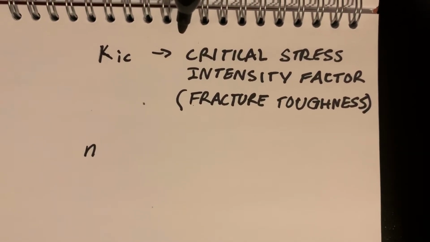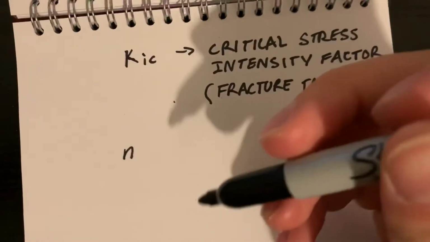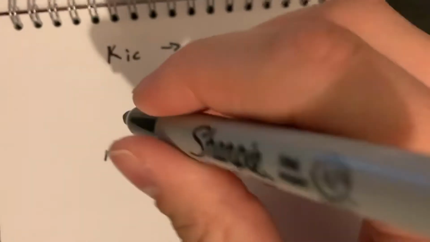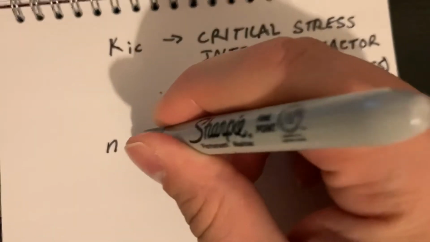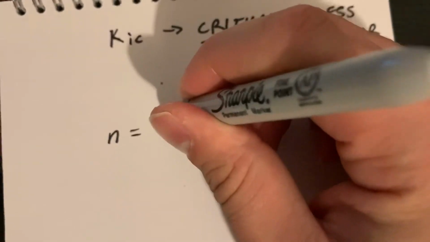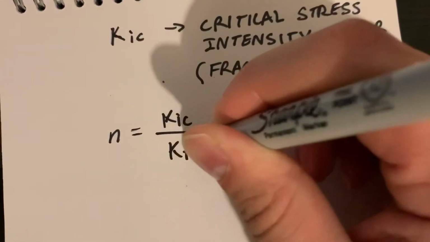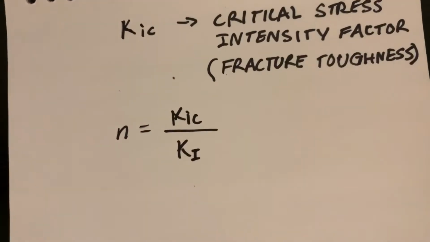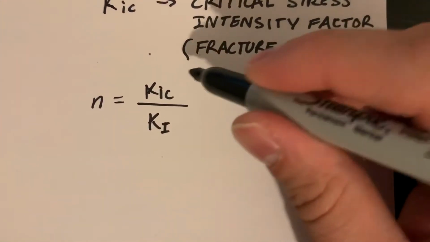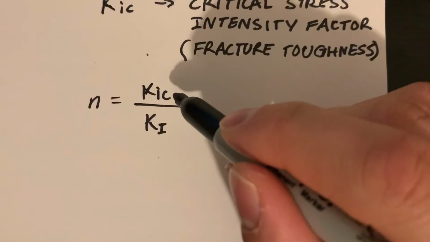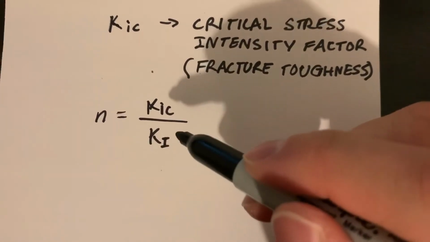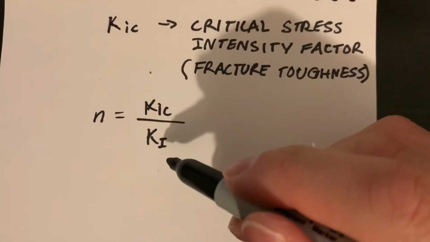And we can use this to find the safety factor, and it's K sub IC over K sub I. This is the critical stress intensity factor over the stress intensity factor.